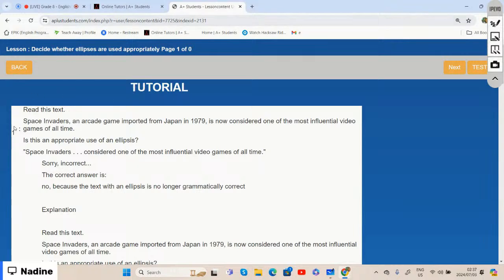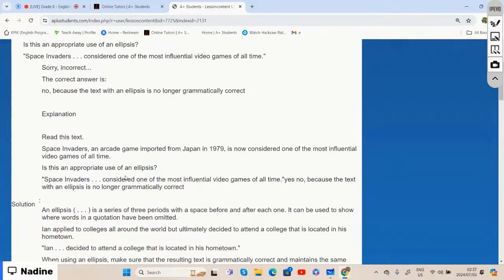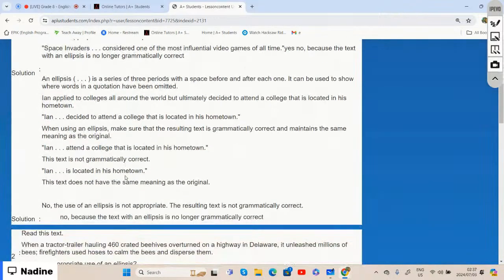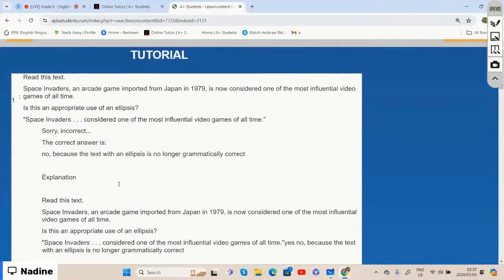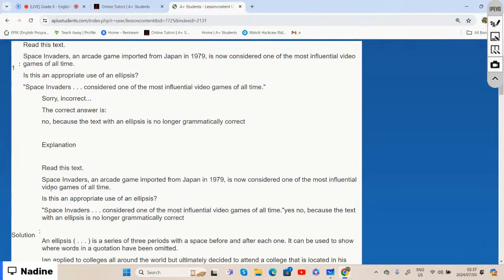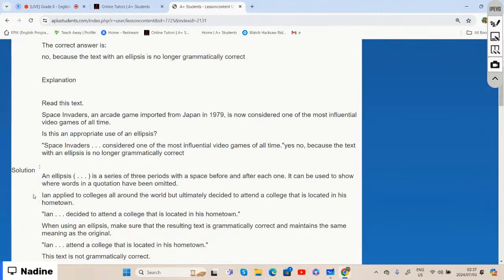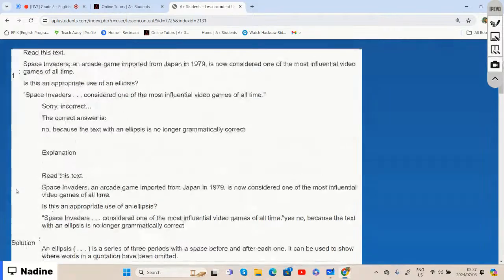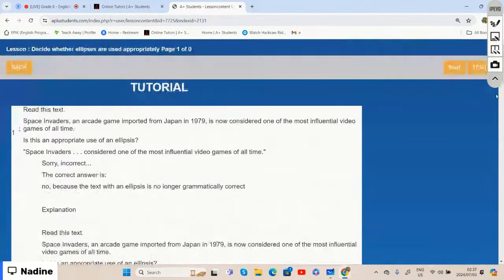So if we were to read the text and then maybe use an inappropriate use of ellipses, then we can say, Space Invaders considered one of the most influential video games of all time. Which means that this sentence is also omitted, right? All right, let's go to our test.